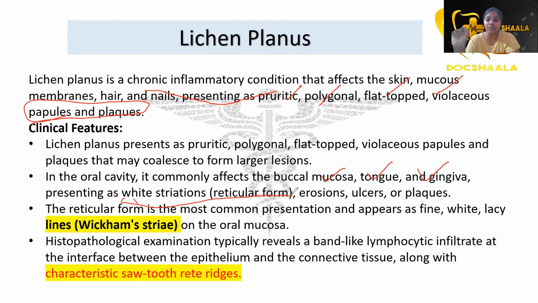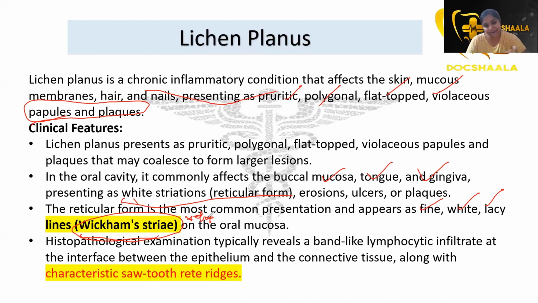These white striations appear as fine white lacy lines which are called Wickham striae. This is very, very important. In lichen planus, you have to remember two main important things: Wickham striae and sawtooth rete ridges.